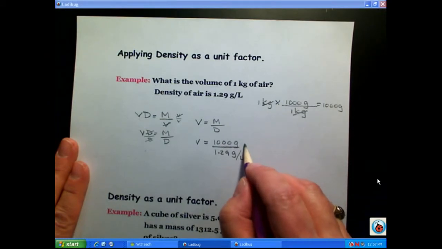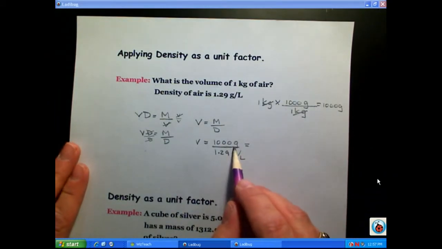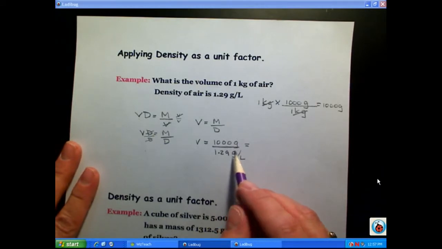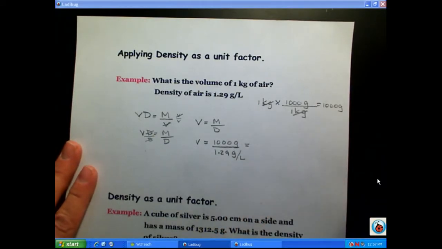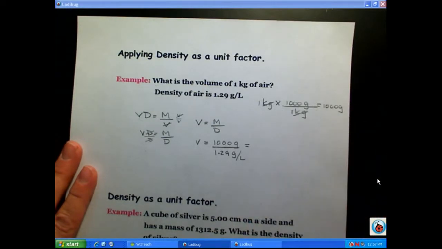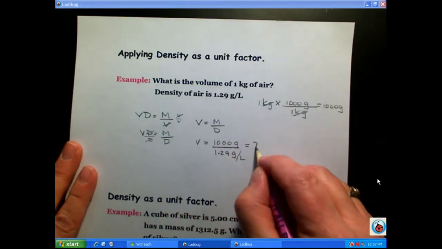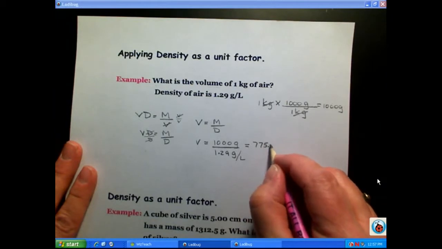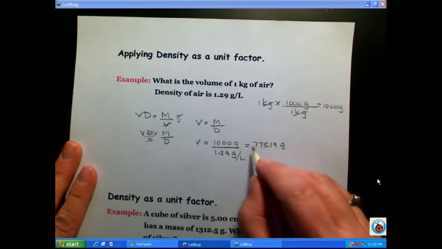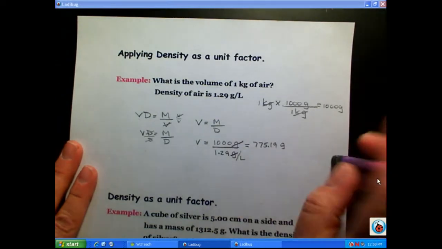When we insert these numbers into our calculator, that will come out to be 775.19 grams. Well, the grams cancel, I'm sorry. This will be liters.